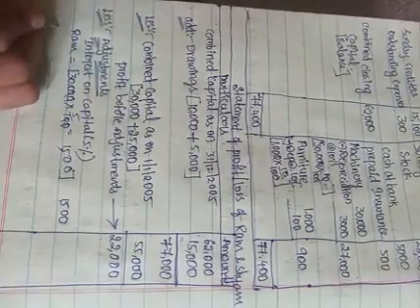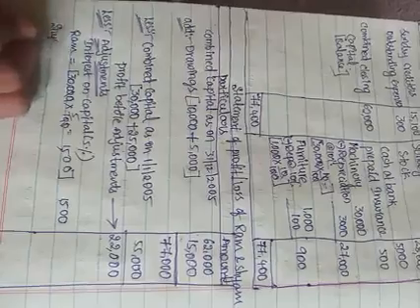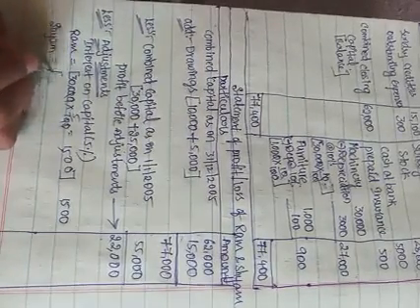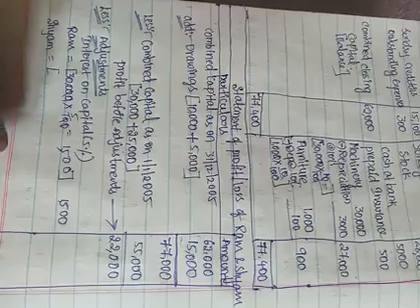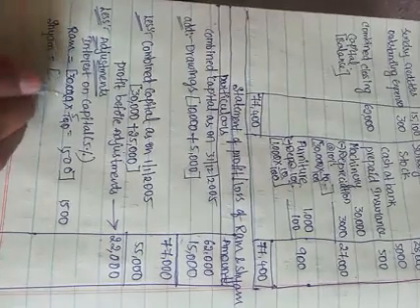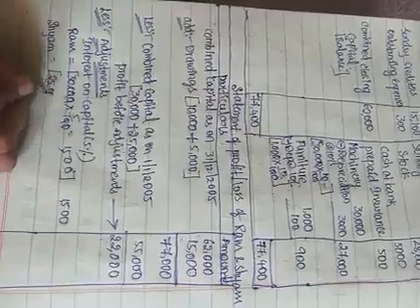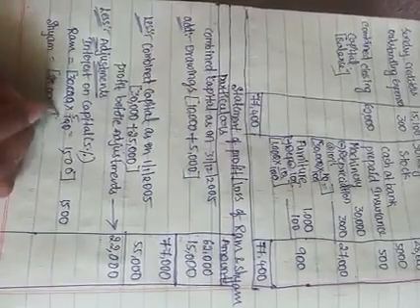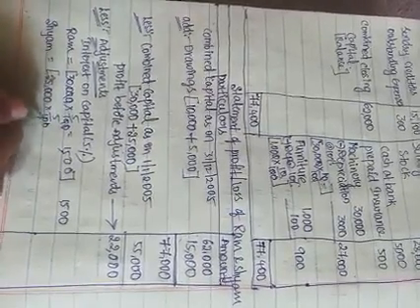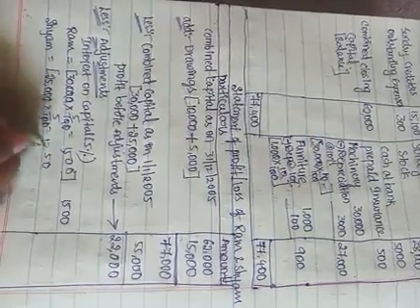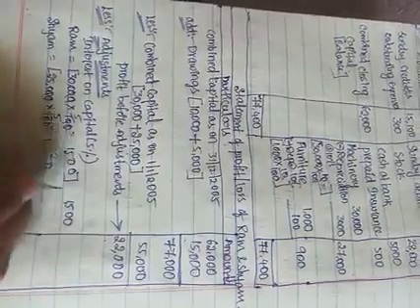Next is Sham's. Sham's interest on capital is 25,000 into 5 by 100, which is 1,250.